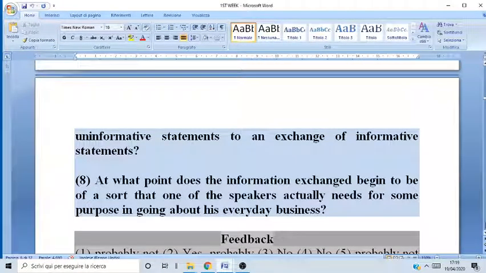Okay, and number 8, at what point does the information exchanged begin to be the sort that one of the speakers actually needs for some purpose in going about his everyday business? Which I guess is more or less the same as number 7, but at least that's what I would say.